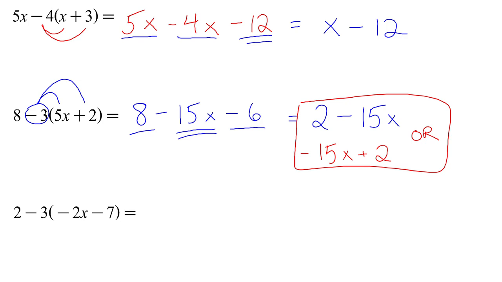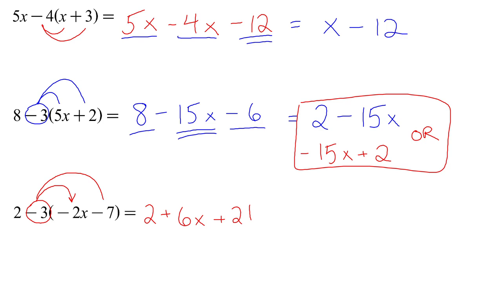And for our last one, we'll start with a 2. And then it's minus 3 times minus 2x. Well, a negative 3 times a negative 2 should be a positive 6. And then there's an x attached to it, so positive 6x. And negative 3 times negative 7 ought to be positive 21.